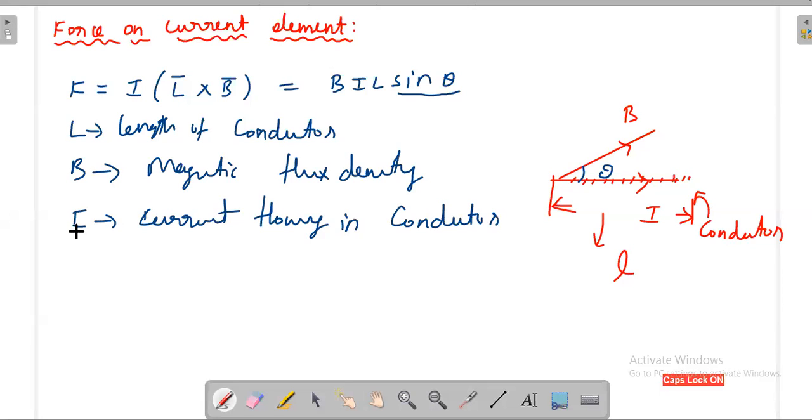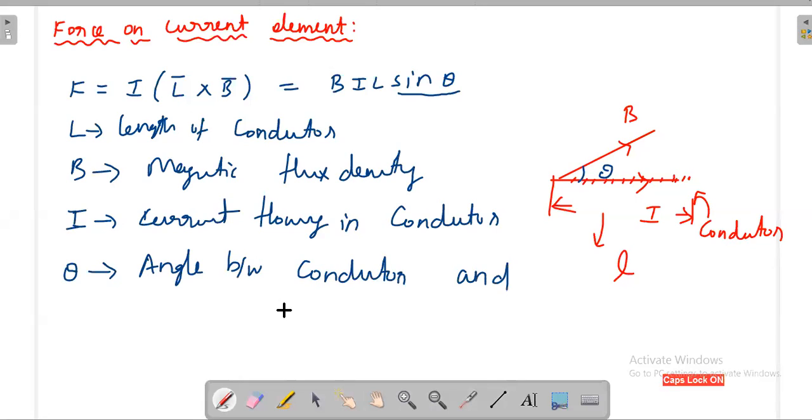Then theta means what, sir? This is very, very important. This is something new to you. Theta means the angle between the conductor and the magnetic field.